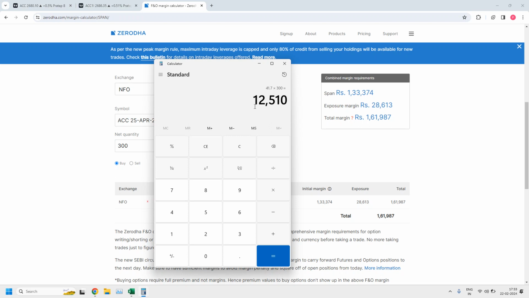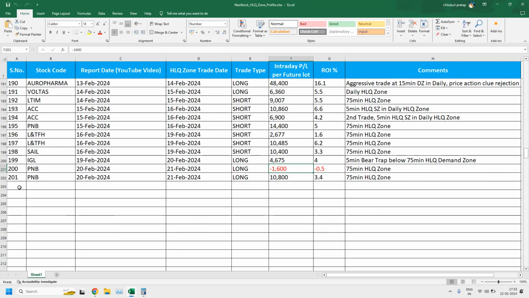Today I wanted to explain everything, that's why I didn't do any calculations beforehand. Now, in the live session, I am calculating. What I do every day, I want to show it to you. I open the Excel sheet. In the Excel sheet 201, this is a new trade. This is yesterday's report. Yesterday we generated the report.